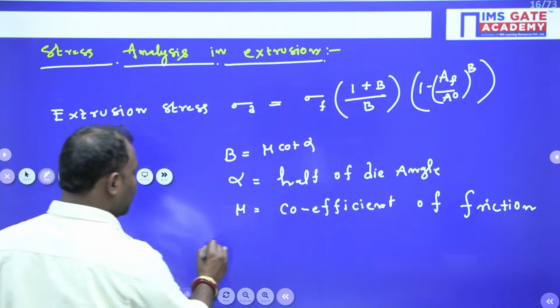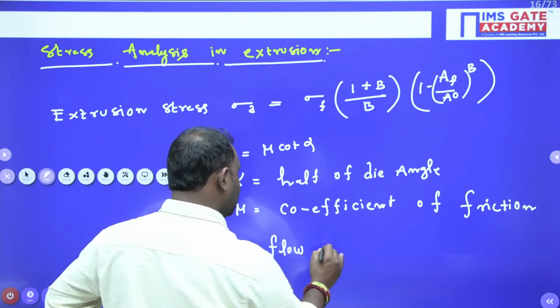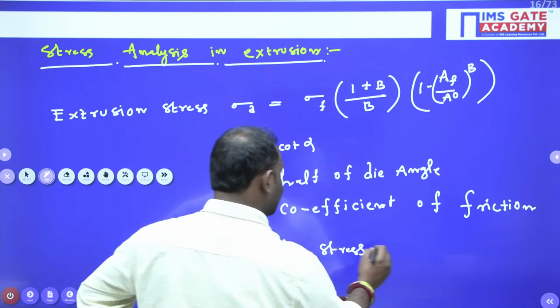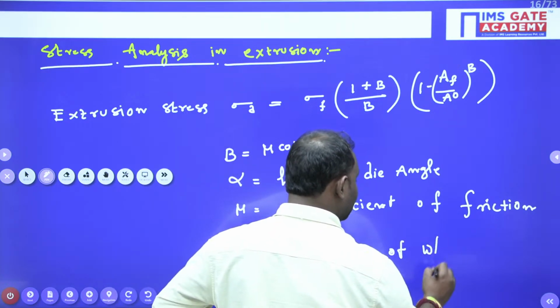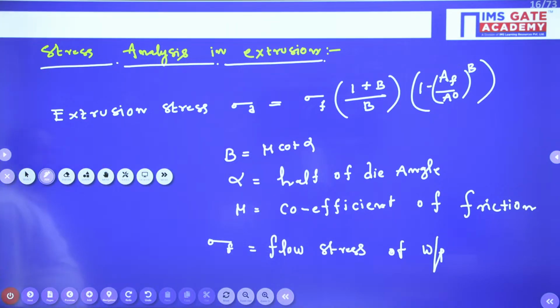Now, sigma F is the flow stress of the workpiece material. Yes, guys. Okay. So this is about extrusion.